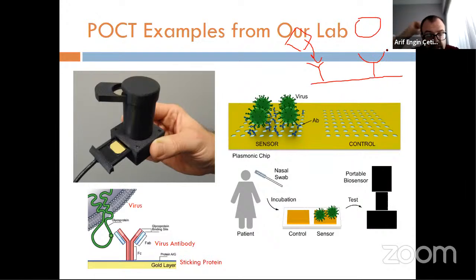So the specificity comes from the ligands. You modify your sensing platform for different targets by modifying your sensing surface biologically. You don't change any engineering part or microfluidic part.